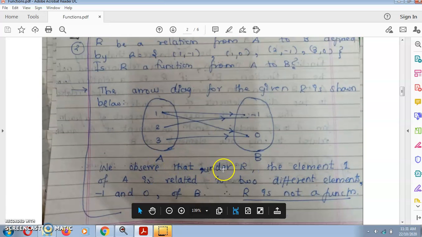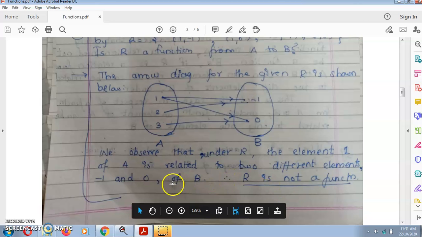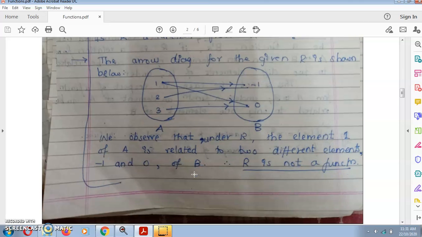So we observe that under R the element 1 of A is related to two elements, that is -1 and 0 of B. Therefore R is not a function.